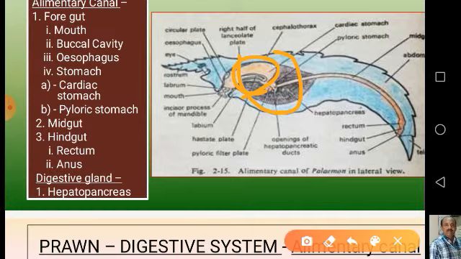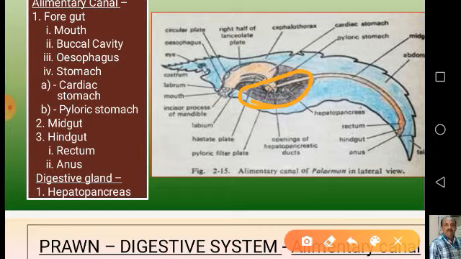It remains buried. See, this black portion is called the hepatopancreas gland. So the stomach remains buried laterally, lateral to the hepatopancreas, ventrally and posteriorly into the hepatopancreas.